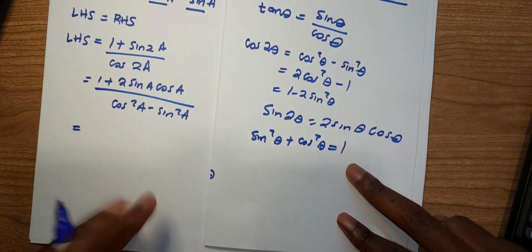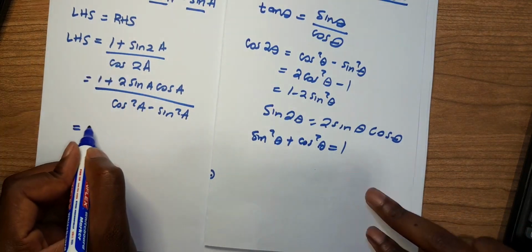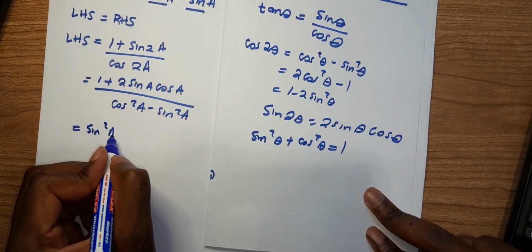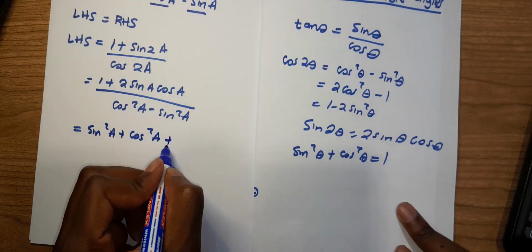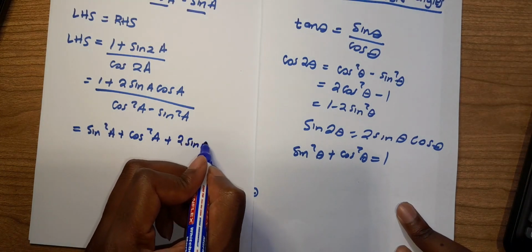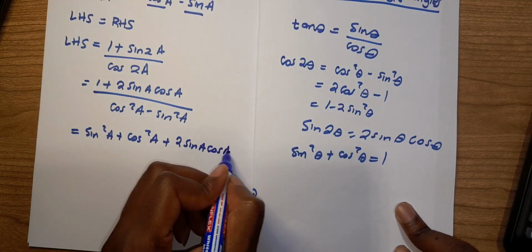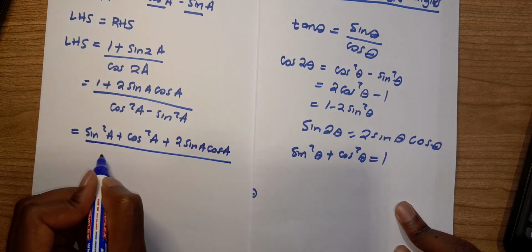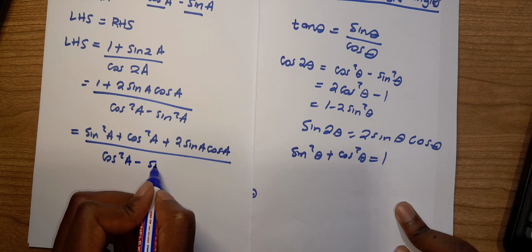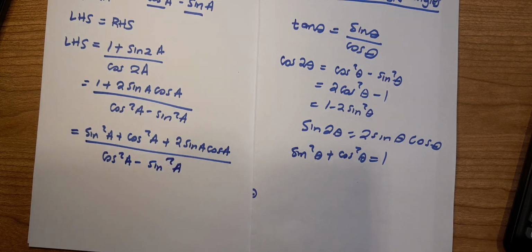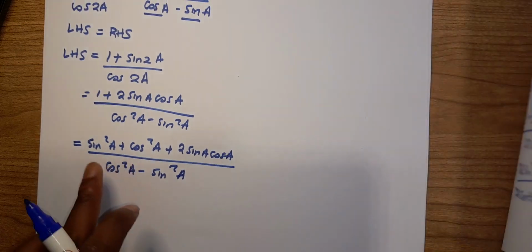So I can change 1 to be sine squared alpha plus cos squared alpha, plus 2 sine alpha cos alpha, and then divide by cos squared alpha minus sine squared alpha. Am I right?